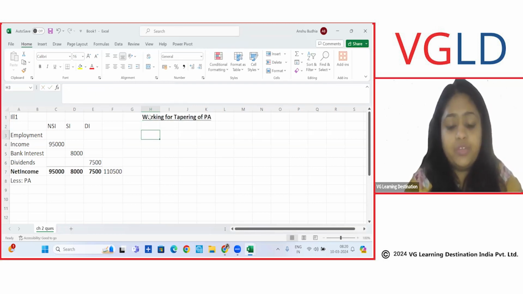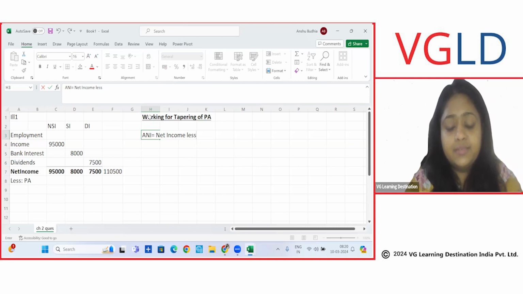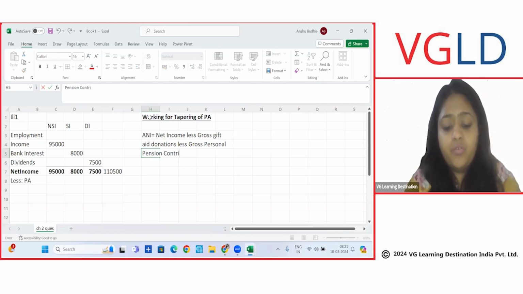So now let's calculate. I'm doing here working for tapering of PA. Okay, now for that, first I need to calculate ANI. ANI is equal to net income less gross gifted donations less gross personal pension contributions.